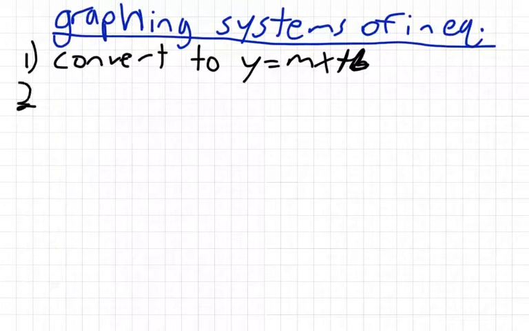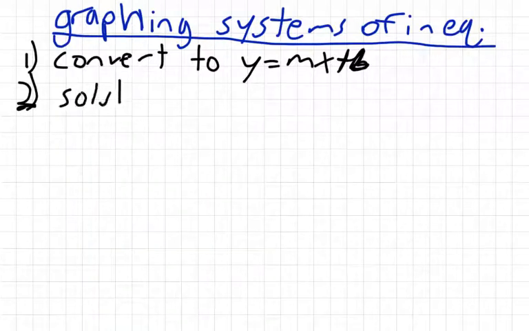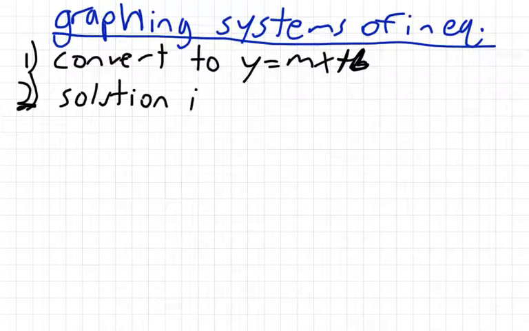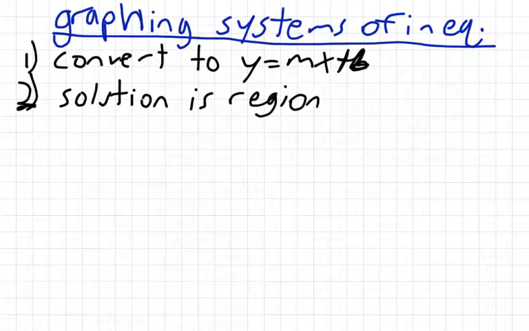And then second, we want to find out where they are both shading. So the solution is where both graphs are shaded. It's the region where both graphs are shaded.